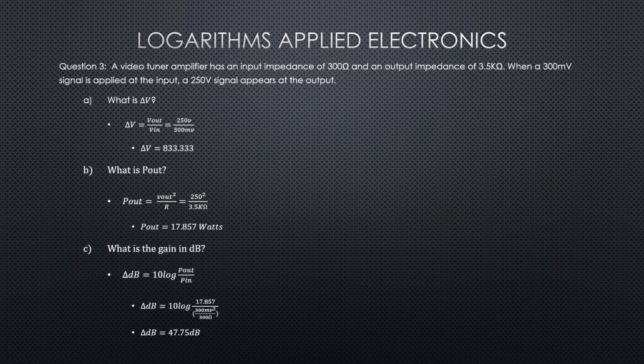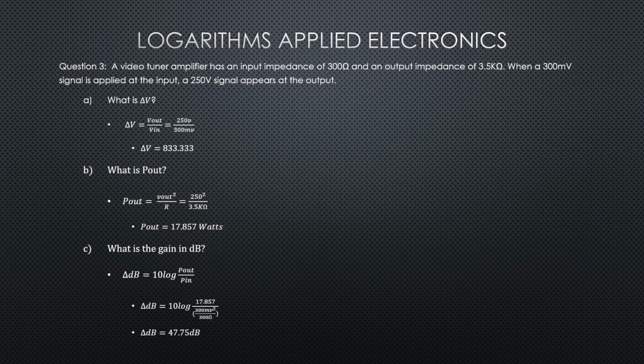Because the input and output impedances are not matched, we have to use the power formula to calculate the dB. So we know that our dBs are going to be equal to 10 log times the power out over power in. We've got our power out at 17.857 watts.